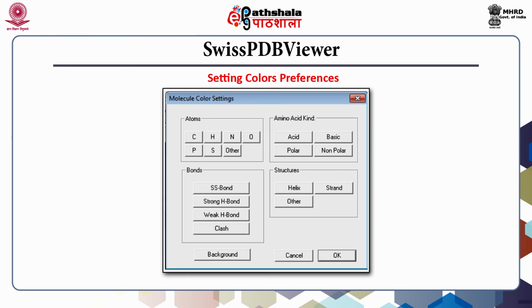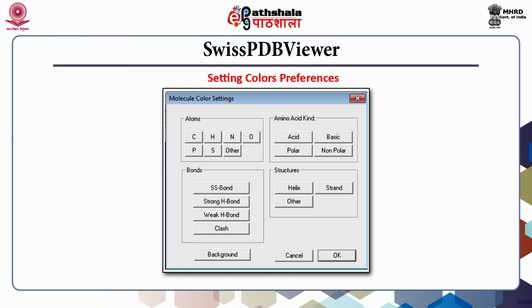In the original CPK modeling scheme, carbon was shown as black, but in the present example we will use white because we are using a black background. So, set carbon as white, nitrogen as blue, oxygen as red, and other atoms like phosphorus and sulfur as yellow.